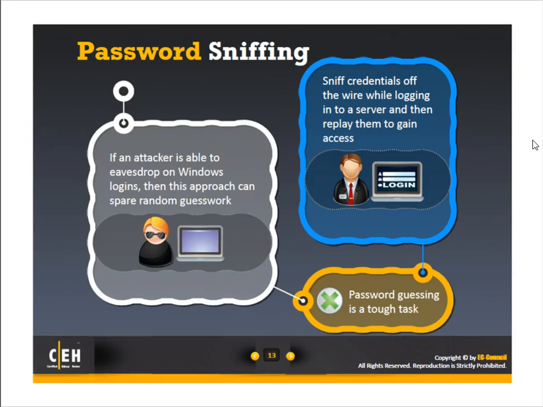And in this case, you can see down at the bottom, password guessing is a tough task, although every time we see it on TV, it seems like it's super easy. And I think, on my soapbox here, a lot of kids nowadays that are wanting to get involved with information security think that everything needs to be lickety split.